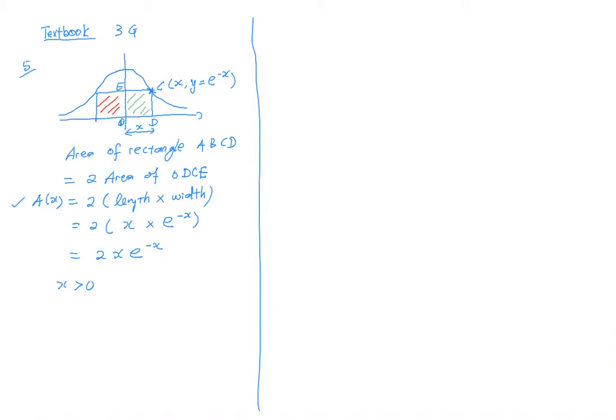So how do you know the coordinates for C? They say determine the coordinate of C because C lies on this curve. The name of this curve is this. Oh, by the way, it's e to the power negative x squared.